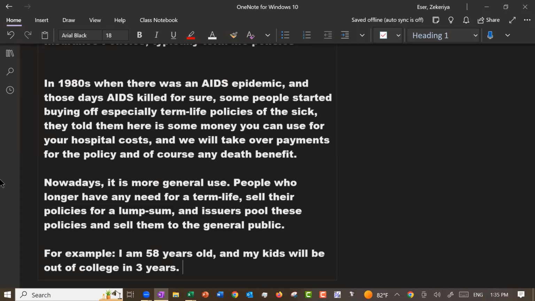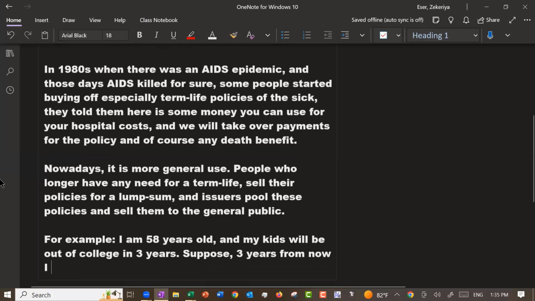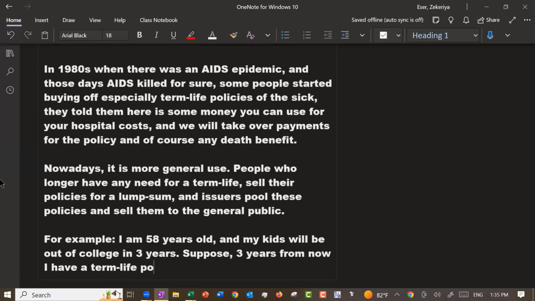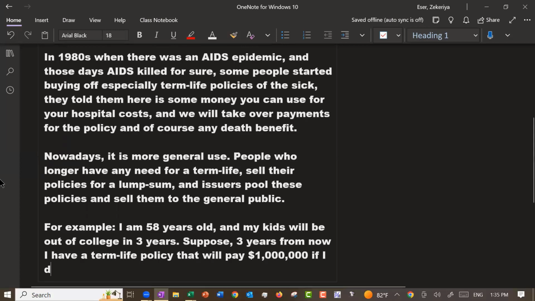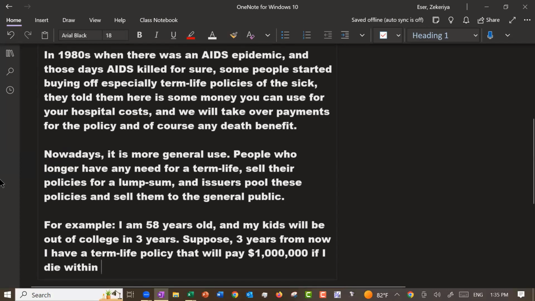I buy yearly life insurance from work, but suppose 3 years from now, I have a term life policy that will pay 1 million if I die within 10 years of that date.